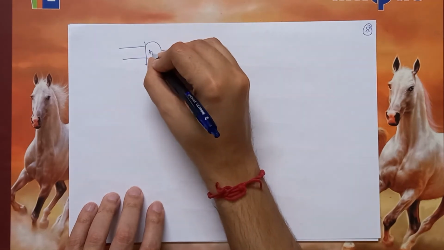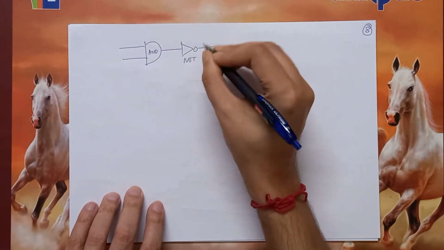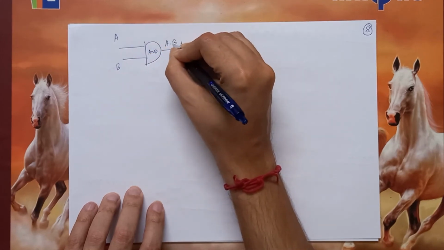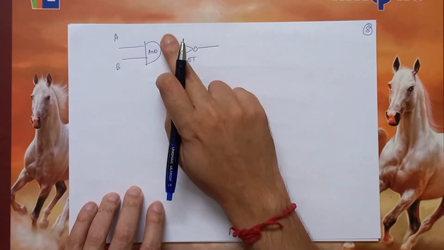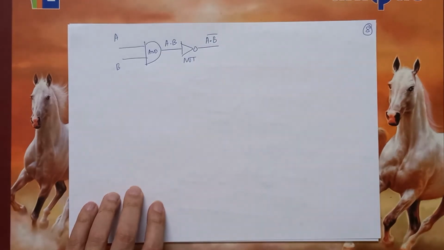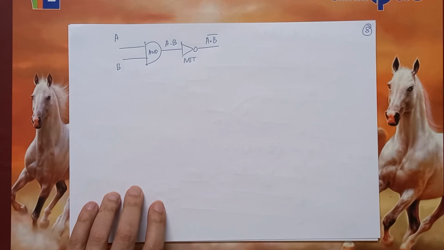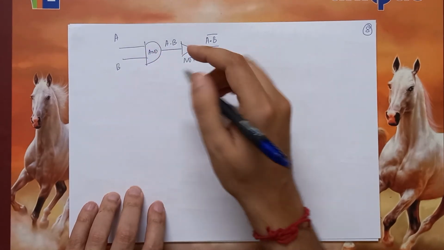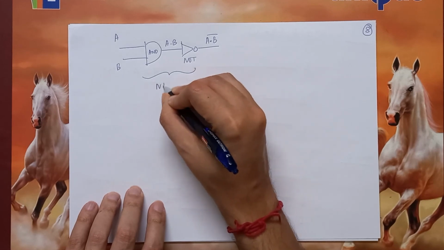So this is AND, this is NOT. If my inputs are A and B, here it is A dot B. Here it will be the complement, which is called A dot B whole bar. This function, which is NOT and AND, is called NAND.